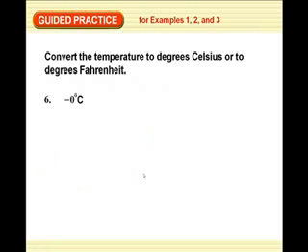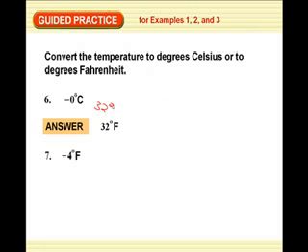Convert the degrees Celsius to degrees Fahrenheit, or degrees Fahrenheit to Celsius. Okay, so let me write the formulas. Celsius to Fahrenheit is, well, 0 is 32 degrees. That one's easy. I know that one. Okay, negative 4 degrees Fahrenheit.